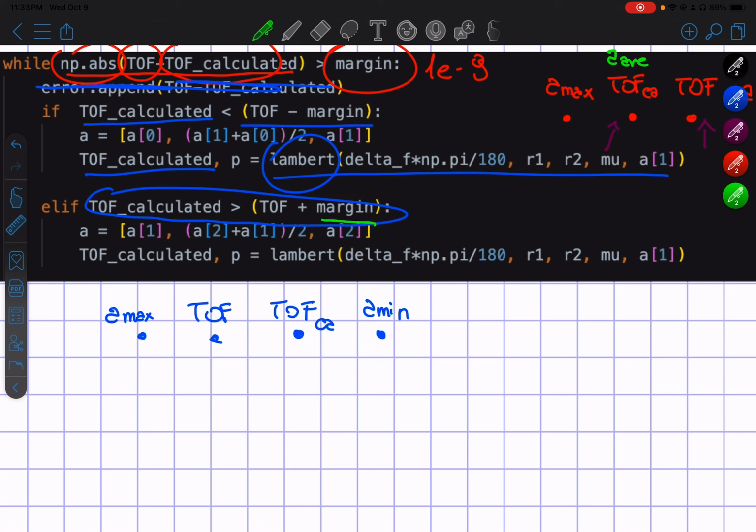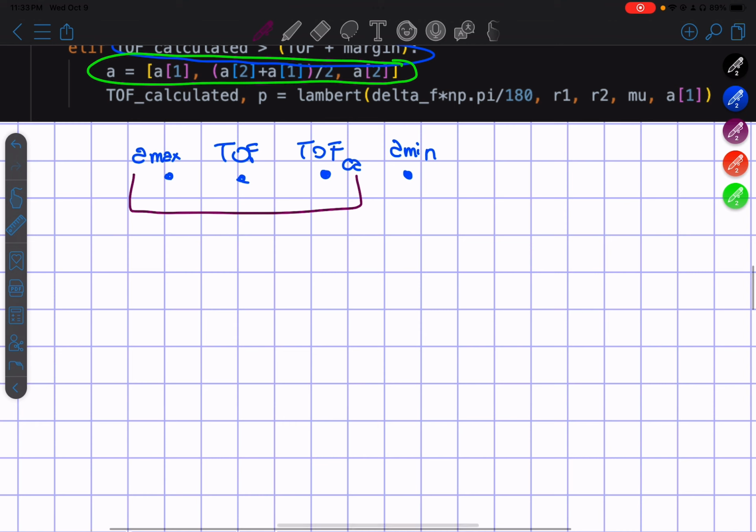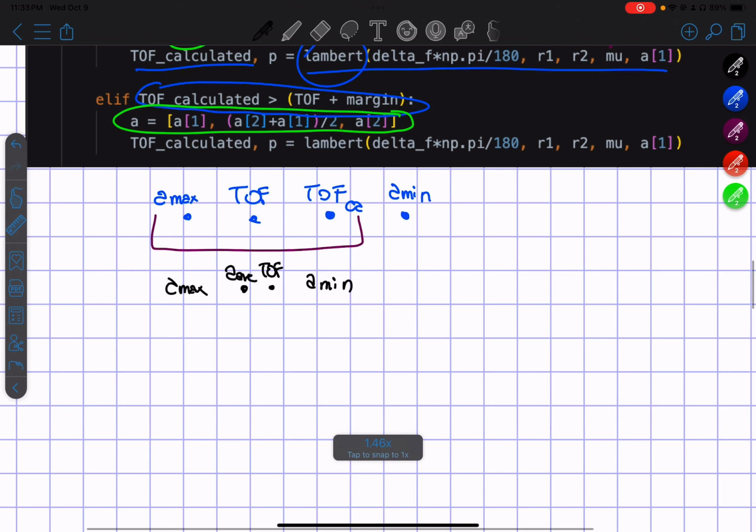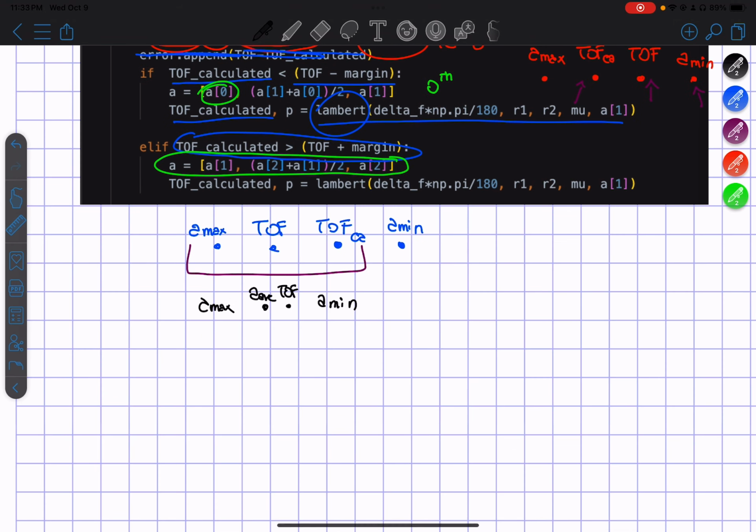Make sure that when you're working with MATLAB, you start from 1, because as you can see here, I'm taking the 0th index of my list, which doesn't exist in MATLAB. Anyhow, now you have to take these values here. So again, as you can see, your A max will stay the same. Your time of flight calculated will then be equal to your A min here, and you're gonna find the new A average, and then your TOF will lie in here on the other side. So you just keep going on and on until you find it correctly.